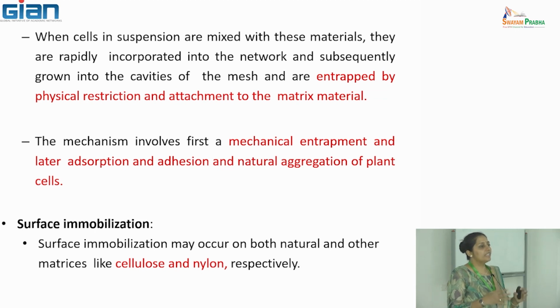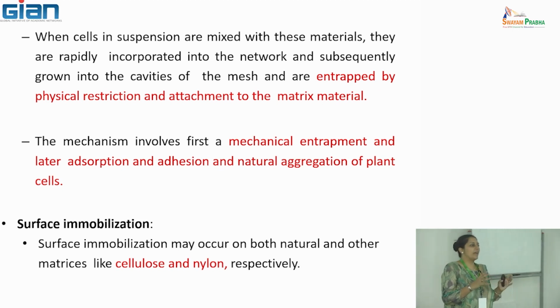So, these packed cell reactors have a limitation of a large pressure drop, so how do we improve the mass transfer requirements in these? The improvement in mass transfer is done by converting these packed bed columns to fluidized bed columns.